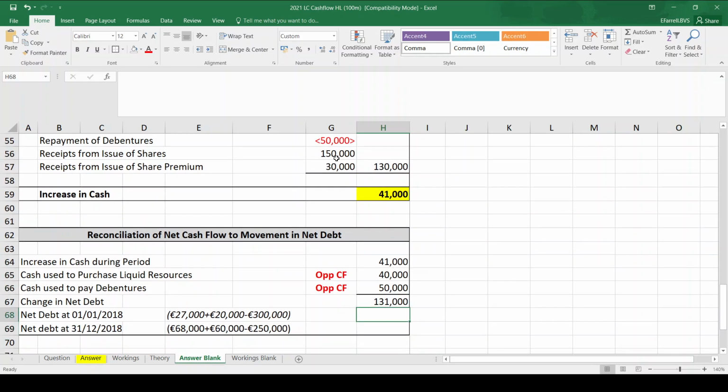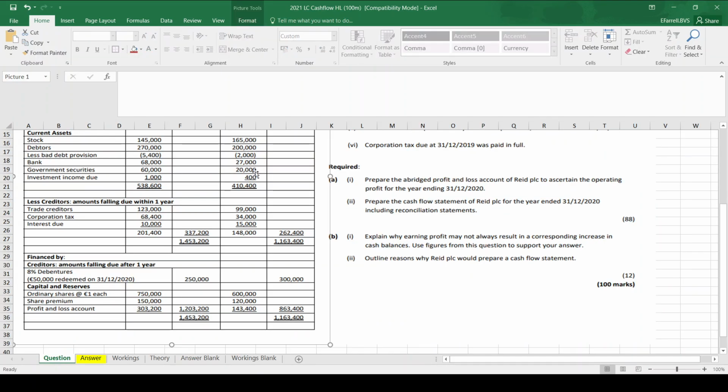Now I'm going to get my net debt at the start. So how do I work out net debt? Well, it's just your positive or negative bank figures. I'm going to include my cash, bank, government securities, and my loan. There's no cash here. Bank is an asset of 27, a plus 27. Government securities is an asset of 20, a plus 20.